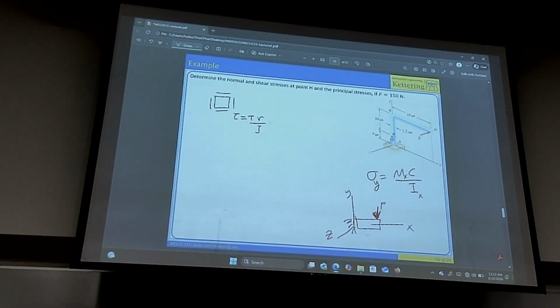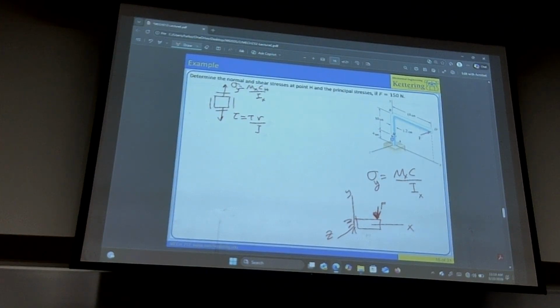So sigma Y at point H, because I'm pushing on point D, it will be stretched. So I put it positive like this, and sigma Y will be MC over I, MX, IX, and C of point H. Let's come up just with the M and T values, and then that would be it.